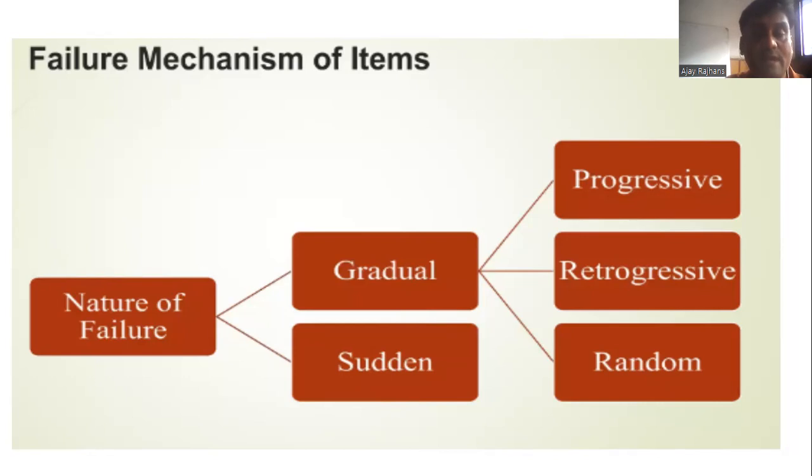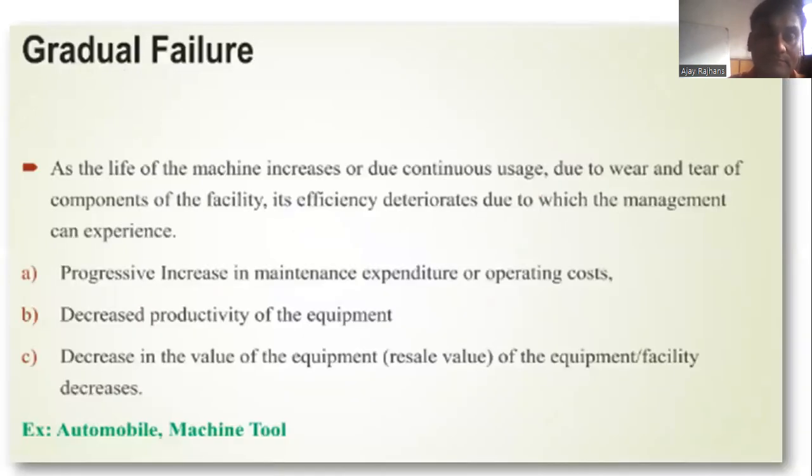Random means it may or may not fail. That is the random part. And what about the sudden part? Sudden means the item definitely does not work. That is the failure mechanism of the items here.